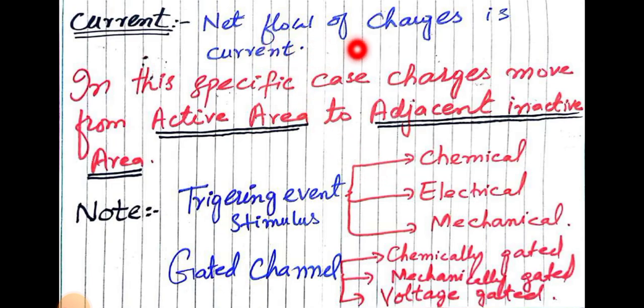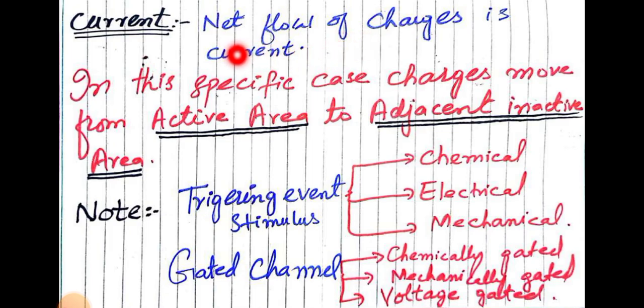So the net flow of charge is electrical current, because when sodium has moved towards inside, charges start to flow from the active area towards the inactive area. So this is the net flow of charges, that is current.